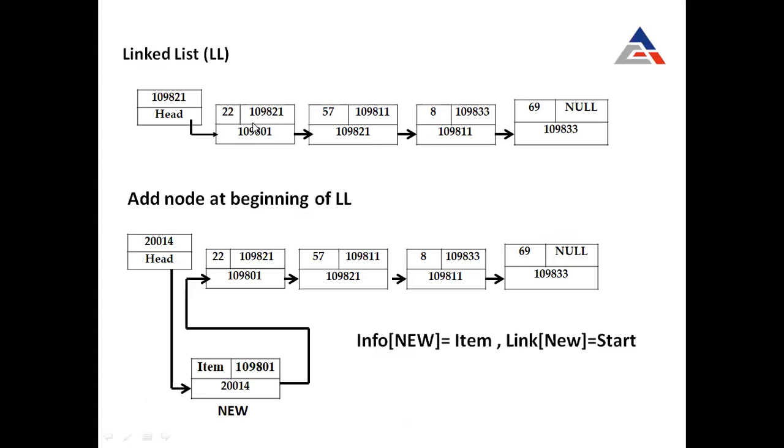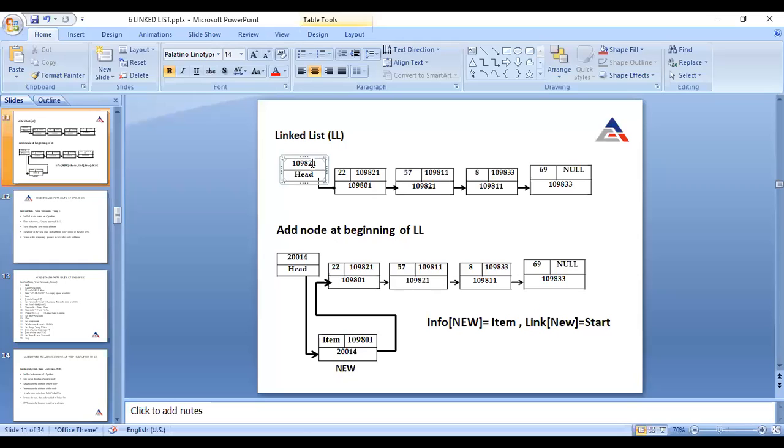So I have a linked list having four elements: 22, 57, 8, and 69. You can see over here the value of head is 1098. In fact, I write 01 over here, because 01 is the address over here. Fine. So I change it over here so that no problem comes on your side.